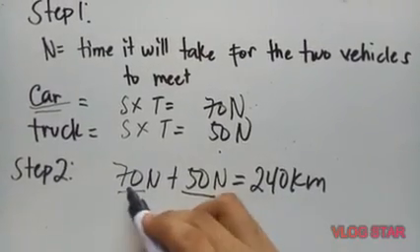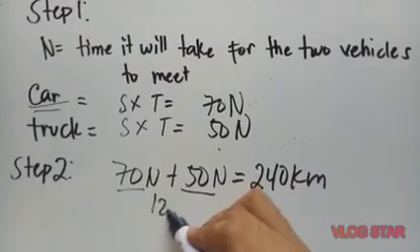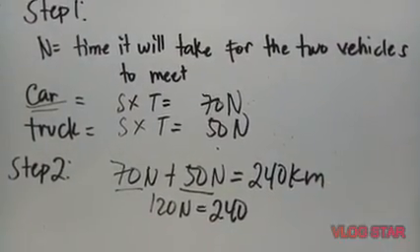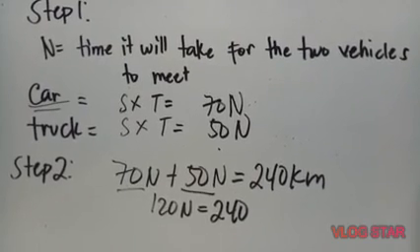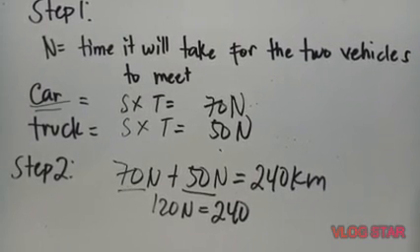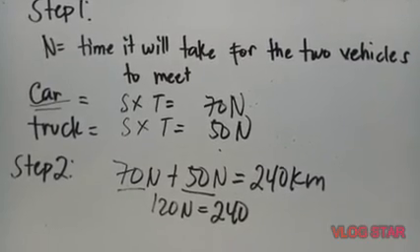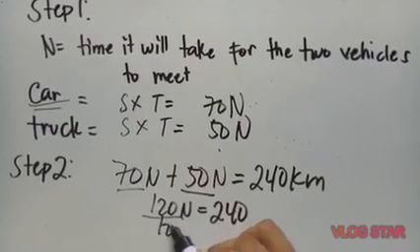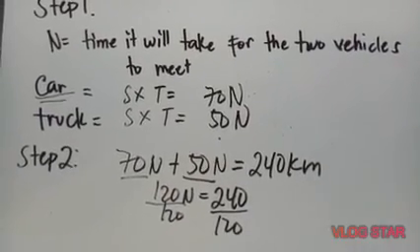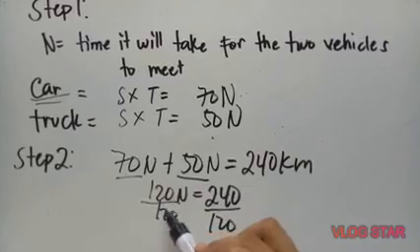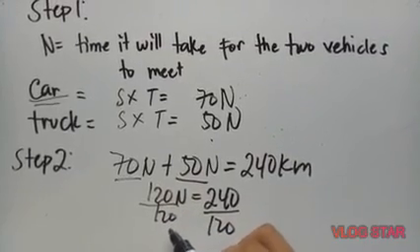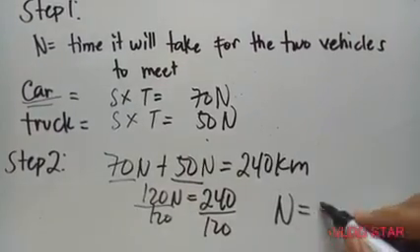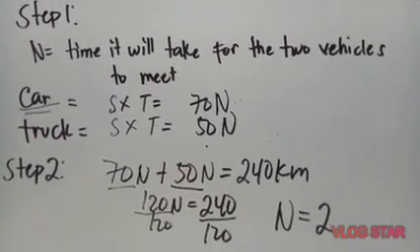So add like terms: 70n plus 50n is 120n, which is equal to 240. Then divide: 120n divided by 120, the answer is n. Then 240 divided by 120, the answer is 2.